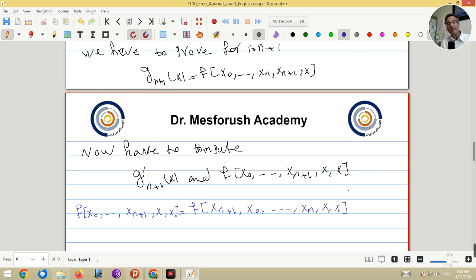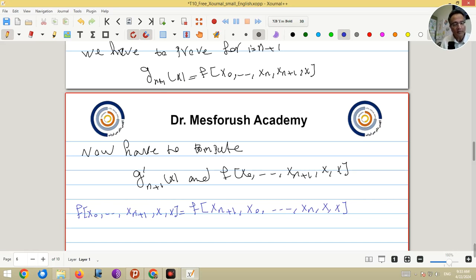We know that in the divided difference the arrangement of the elements in the bracket is not important, and you can change the place of every one of these terms.